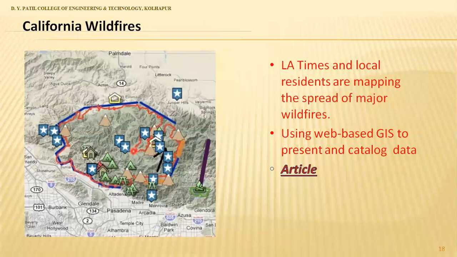Next, other than simulation, this is the California wildfires, which happened some time before. By using GIS or web-based GIS, a total map is presented, and by using this map, some disciplinary actions were taken to minimize the disturbances to the residents.